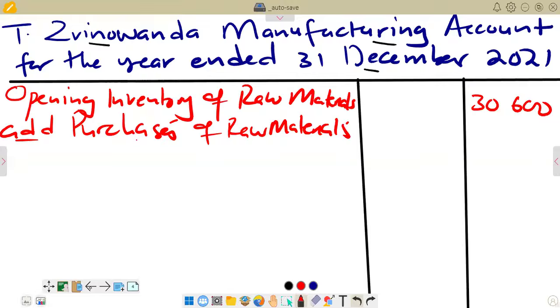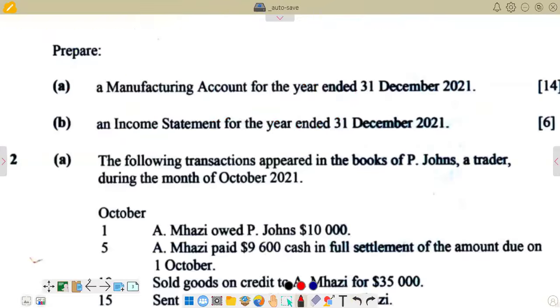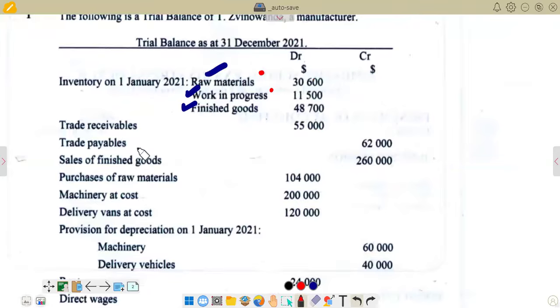Again, we just go back to the question, try to see what we have in terms of those purchases of our raw material. If you come here, you would see that you're given a purchase of raw materials of 104,000. And also we check if you've got returns of those purchases of raw materials.